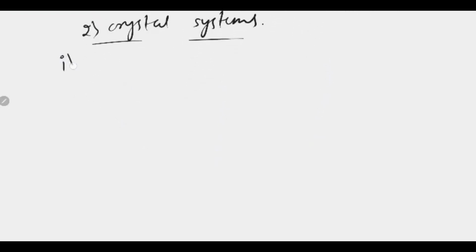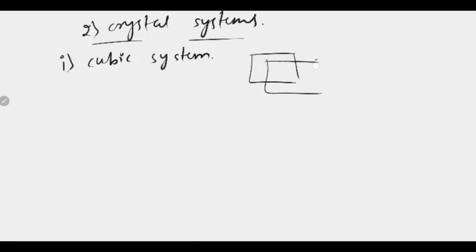First one, cubic system, means a cube-like structure. Like this is known as a cubic system.